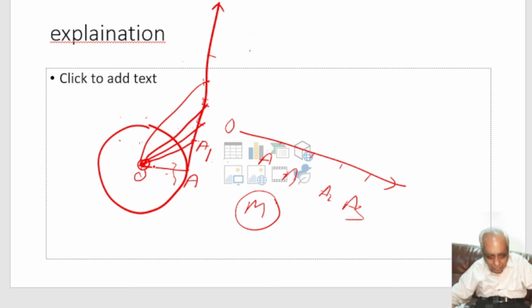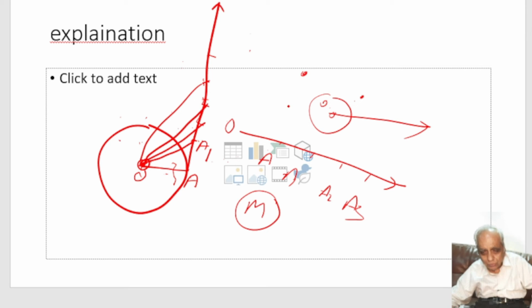So to him, it will appear as if the stone is moving outward. So the stone always appears to this person as if it is moving radially outward.